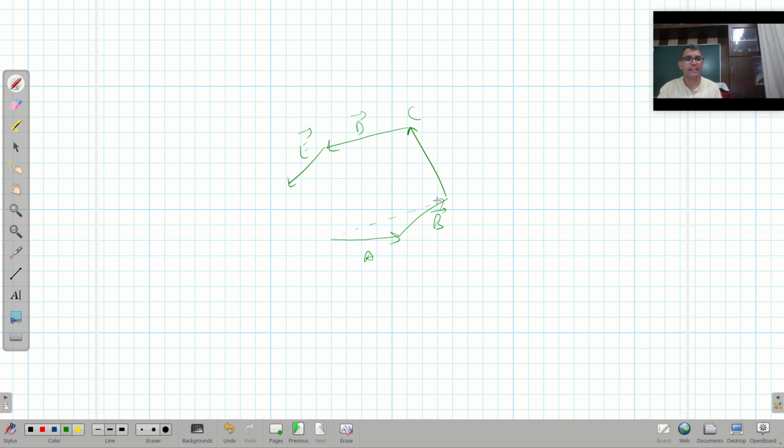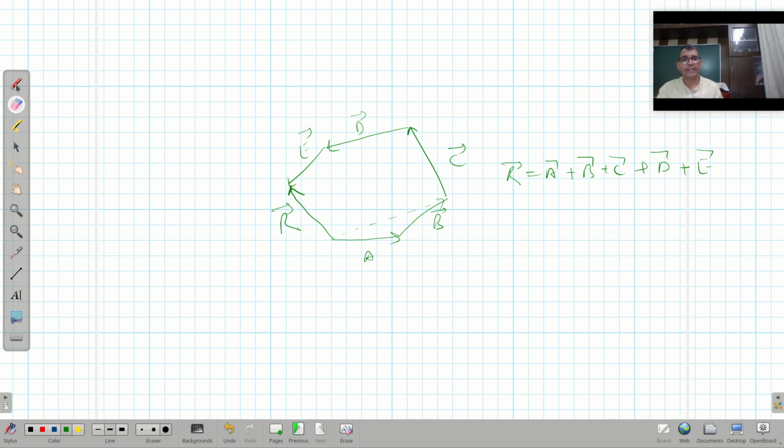First of all, I will apply the triangle law of vector addition here, and then this third closing side, this is R, the resultant, the sum of all these vectors, means R is equal to A plus B plus C plus D plus E. This is the resultant of all these, because this is the last closing side, taken in the opposite order. We can prove this basically by using the triangle law of vector addition.